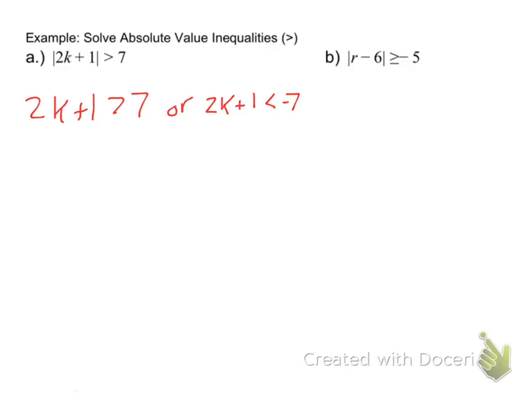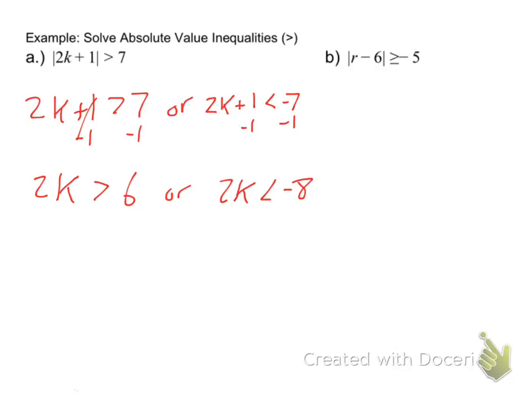And now I'll just solve it, right? Subtract 1. 2k greater than 6? Or 2k less than negative 8?